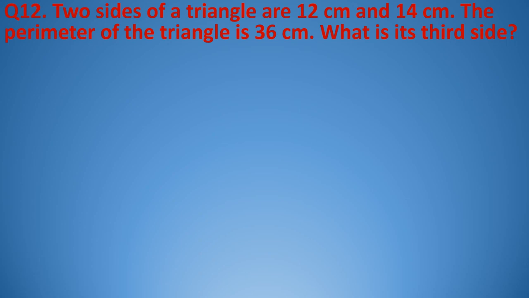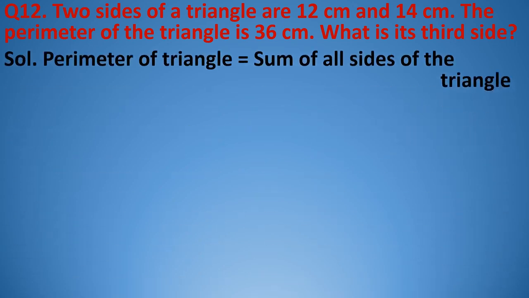See the solution. We know that perimeter of a triangle equal to sum of all the sides, or we can say side plus side plus side, as a triangle has 3 sides. Now see, we have two sides measurement, that is 12 centimeter and 14 centimeter.